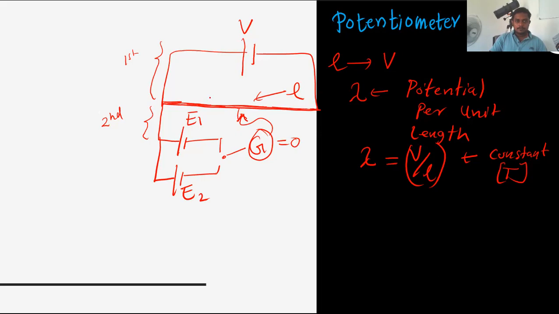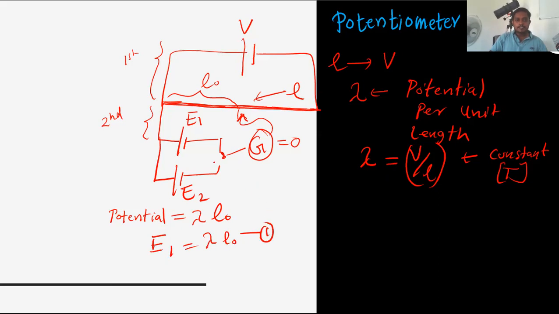Consider it got a value L0. Lambda means potential per unit length, so the potential E1 is lambda times L0. This is the first one.